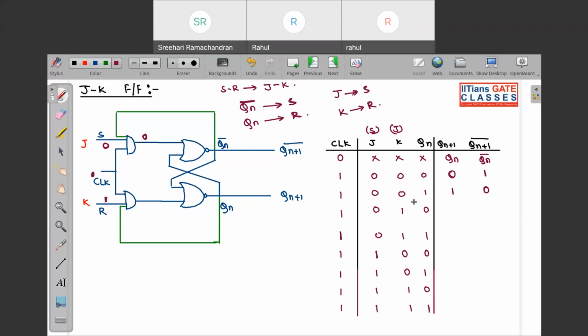Look at this place, look what is your Qn. Qn is 0, so even this is 0. So again I am getting hold state? Have I done some mistake? In this case, Qn is 0, J 0, it's okay, and K is 1.